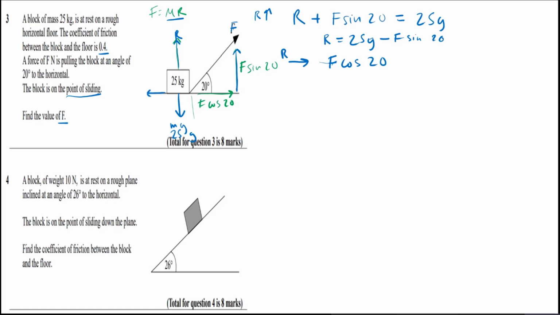So F friction is going to act this way if there is friction. So essentially, we could ignore that because we've got F equals mu R. So we've got 0.4. Let's go F max, so equals mu R, which is 0.4 R. So they get confused because this F is a force and this is friction.